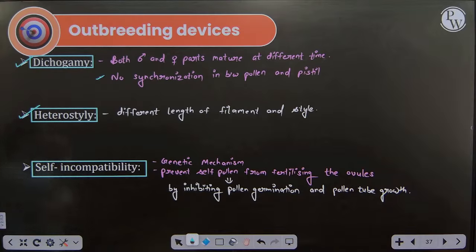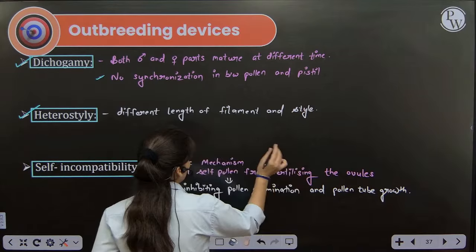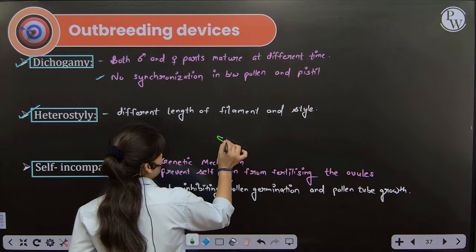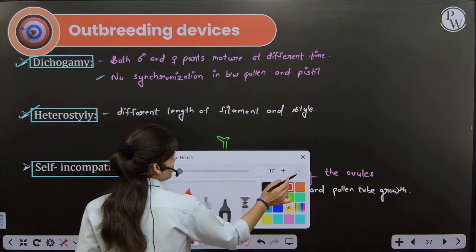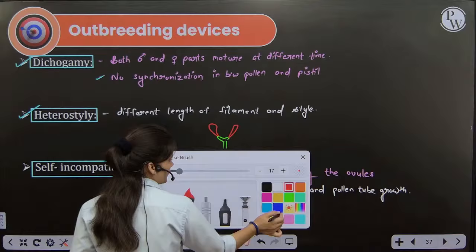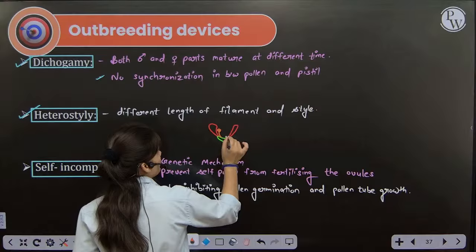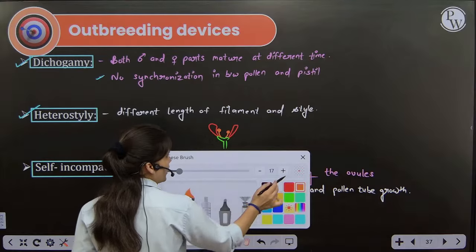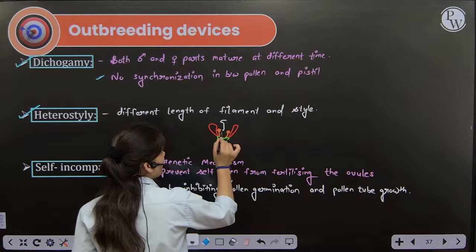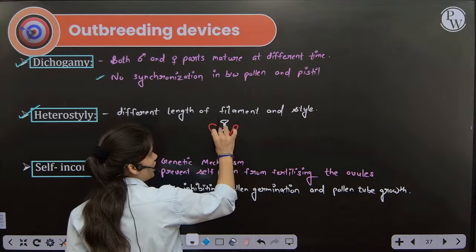Second, heterostyly. What is heterostyly? Suppose the filament and style have different lengths. If the filament and style have different lengths, then how does autogamy take place?